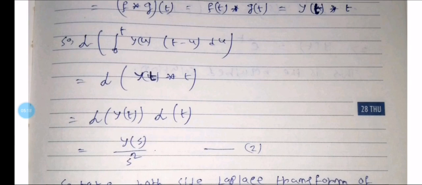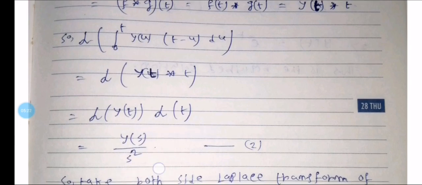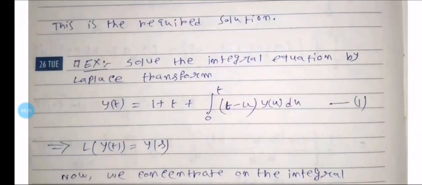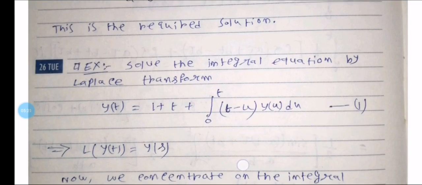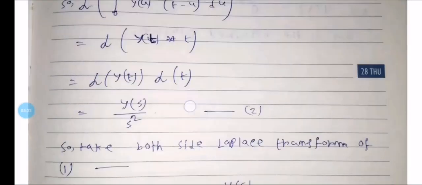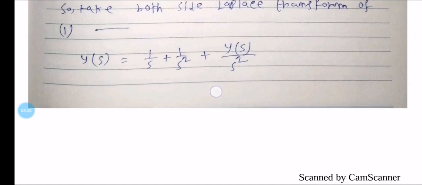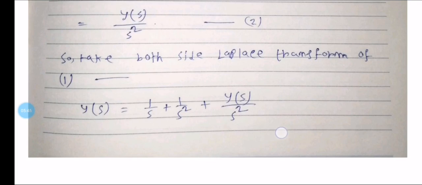L of y(t) is Y(s) and L of t is 1 by s squared. So Y(s) by s squared. Now if you take the Laplace transformation of both sides of the given equation, you will get Y(s) equal to 1 by s, plus t's Laplace transformation 1 by s squared, plus the convolution part's Laplace transformation which you got just now, Y(s) by s squared.